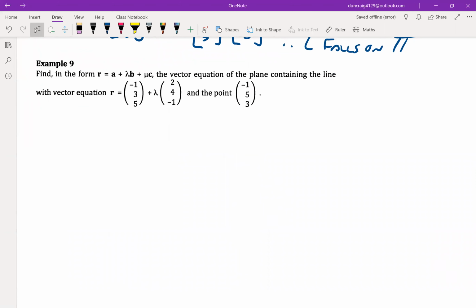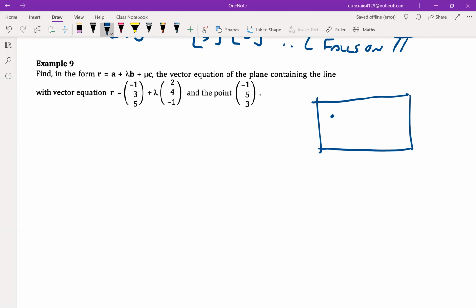Here is a third example now. What we've got here is we want to find the vector equation of a plane containing a line and a point. Let's do a little diagram to visualize what's going on here. Picture that is our plane.